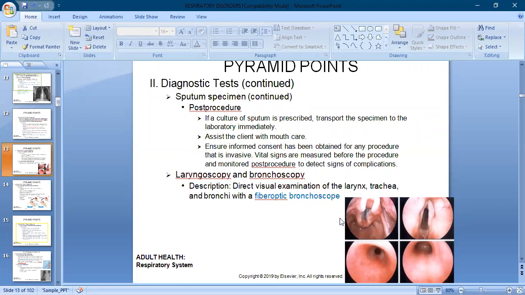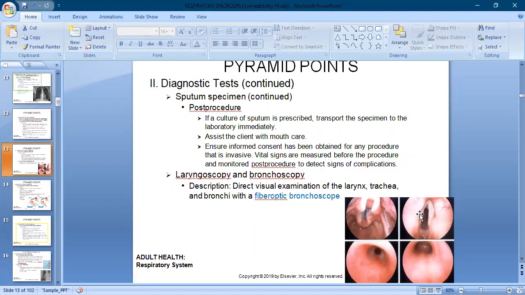Now let's go to another test. It's called laryngoscope or bronchoscope. Basically, this is a small camera. We put it into the upper respiratory tract and take some pictures, or we can see it in the video, right? So, direct visual examination of the larynx or trachea or bronchi with a fiber optic bronchoscopy.